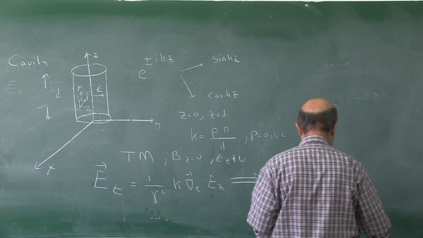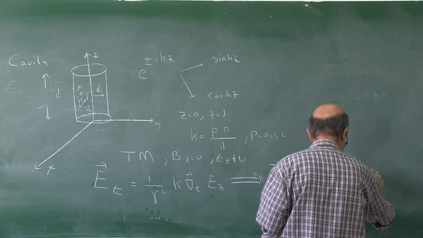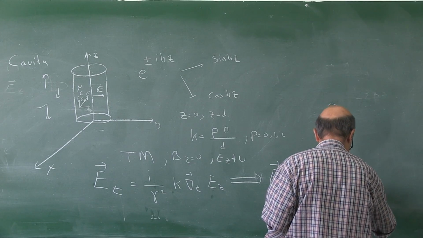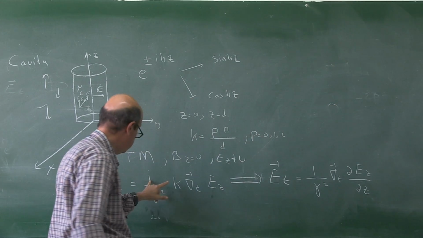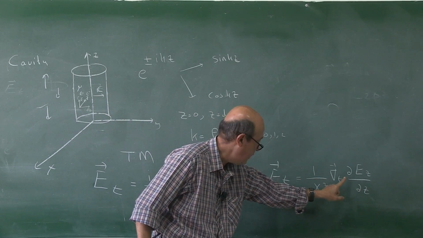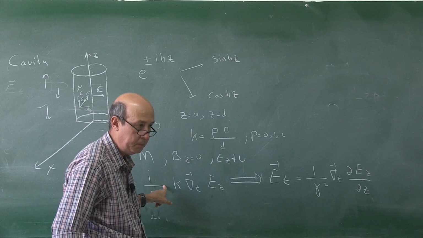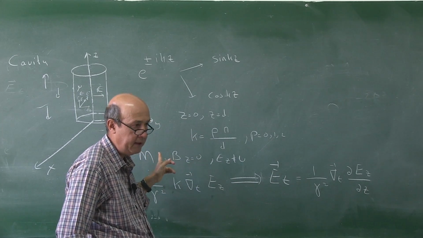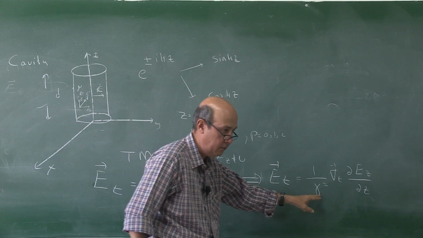I put ik instead of del over del z because I assumed plane waves, but we don't have plane waves here. This is the original form.